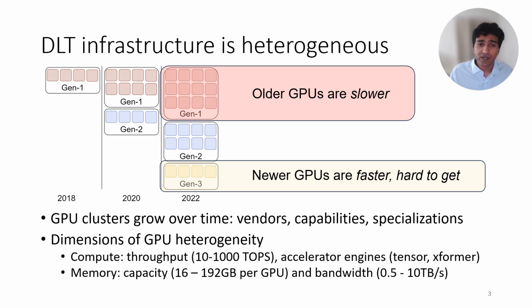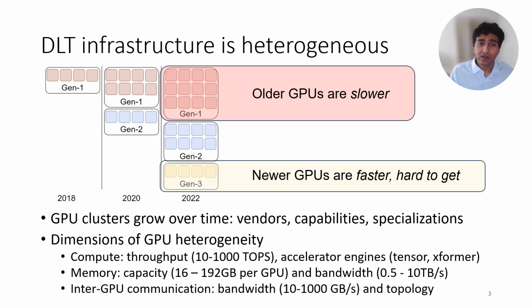Memory on GPUs can also be heterogeneous, with some GPUs offering higher memory capacity at a lower bandwidth as a trade-off. This means some GPU types can hold more working set in memory than others. Finally, the interconnect between GPUs also influences the efficiency of parallelizing the compute across GPUs. Larger models run better with high bandwidth interconnects, so some models may prefer some GPU types over the others.